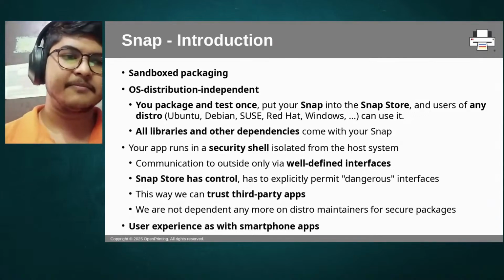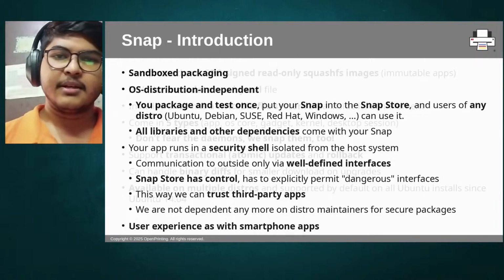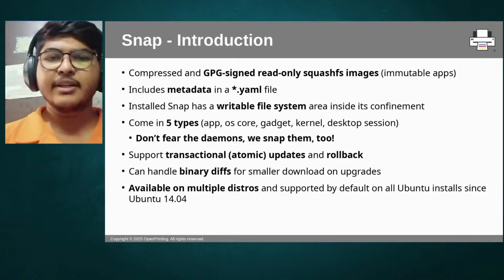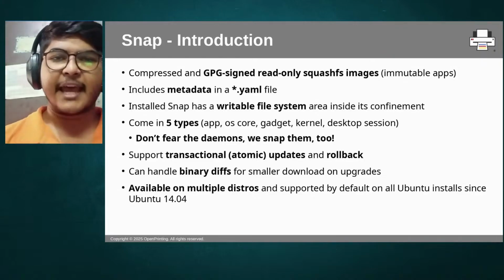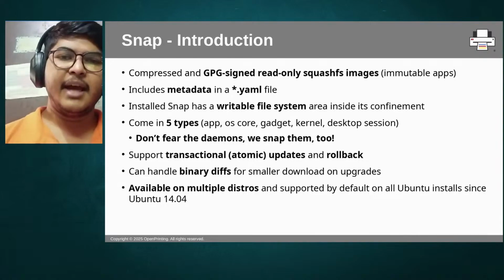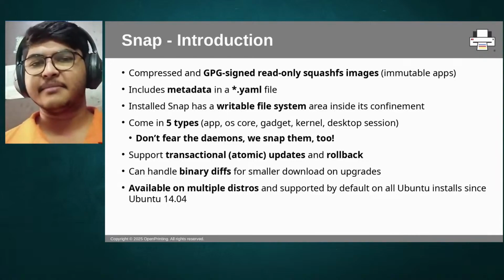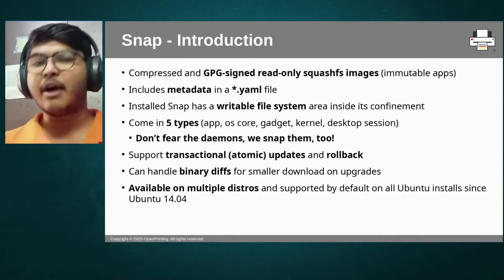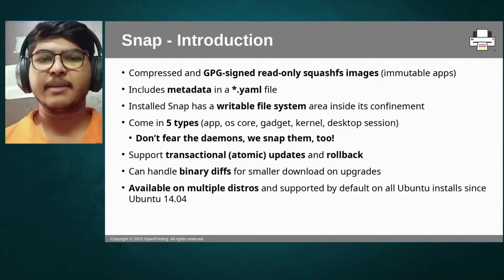Coming to the next slide. So what are these snap files? These snaps are signed by a GPG key, and these are read-only squashfs file systems that are actually mounted in your system during boot up.